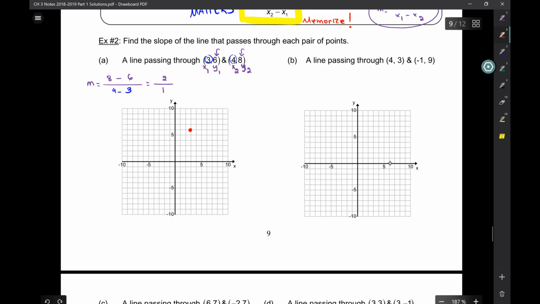So the other point is 4 comma 8. That's this one. Let me graph. How do I get from one point to the other? I go up 2 over 1. Is that the slope I got? Yeah. Okay. Let's find the slope here.